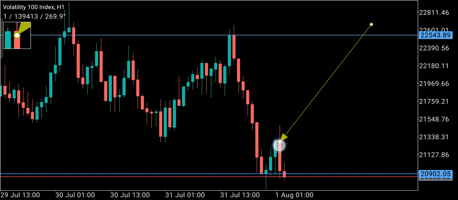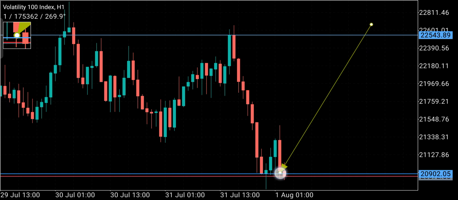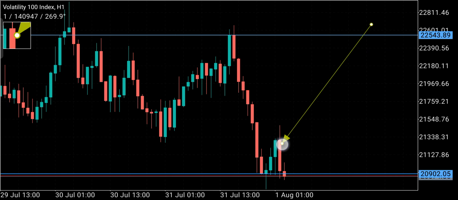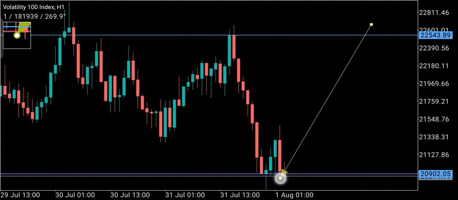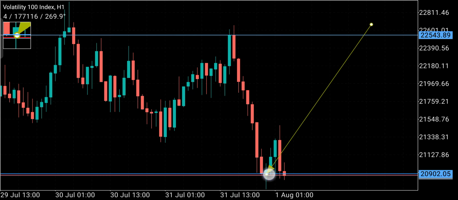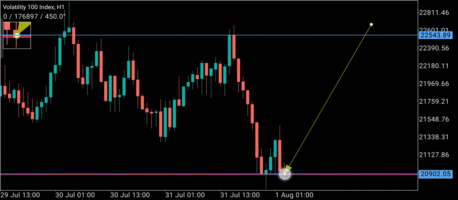Now look at this candle. You see the volume in this candle, and while it was coming down, you could experience the momentum push to the downside, and eventually it closed around here but did not break that level. Then we have this current candle struggling to break the same level. Now I want to tell you something for sure.